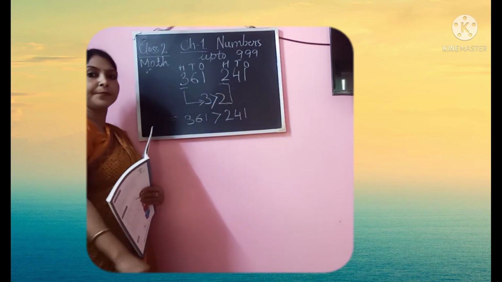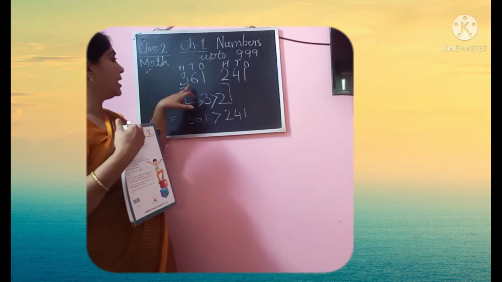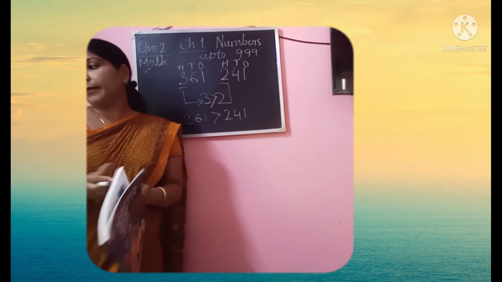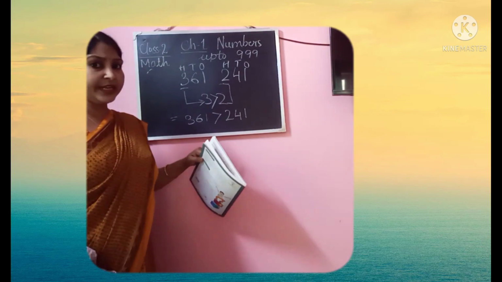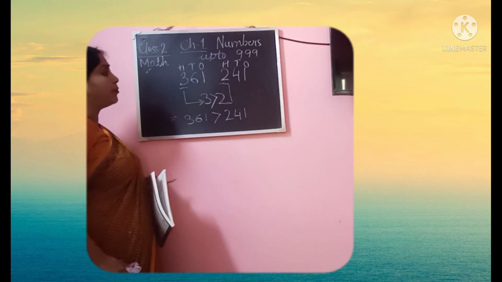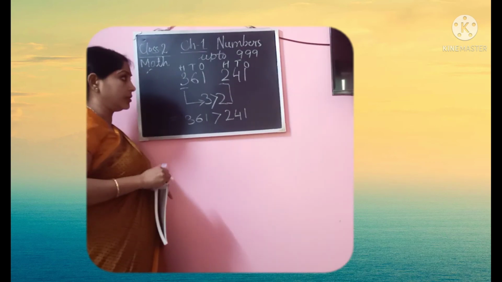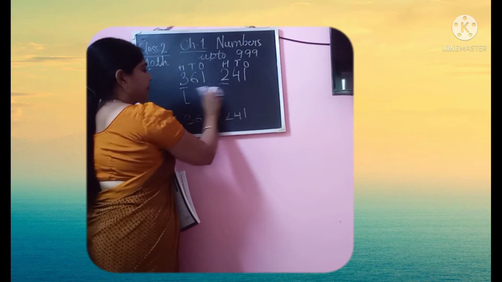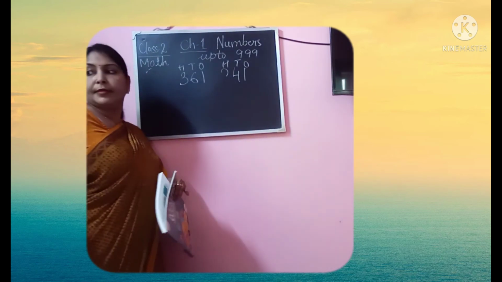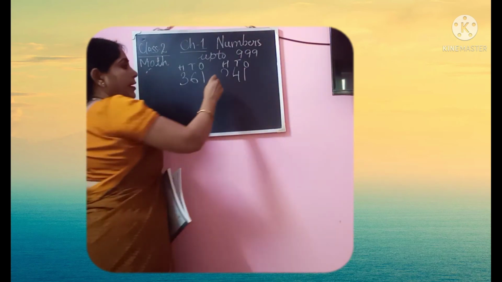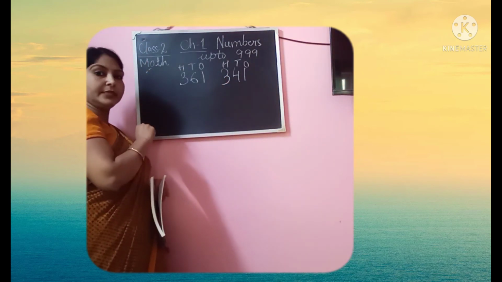What if both these numbers have the same digit? What will happen then? Say for example, now if both hundreds places are having the same digit, like for example this is also 3. What will happen in this case?